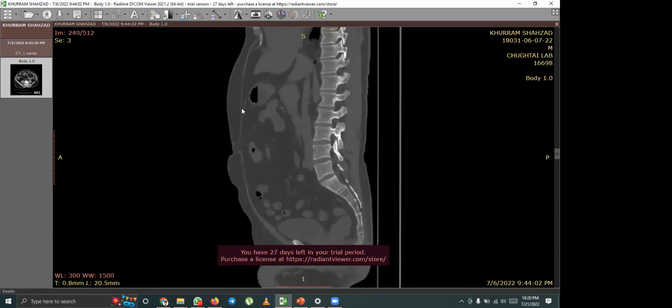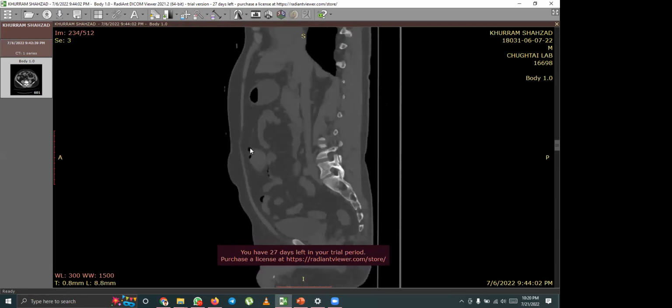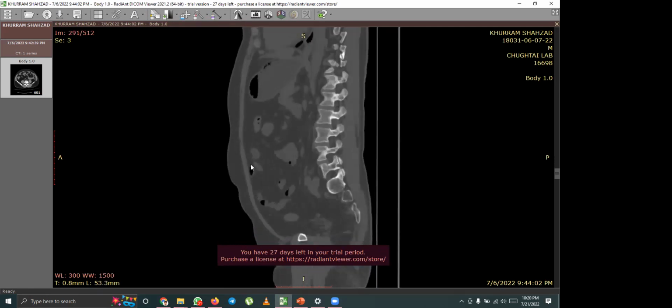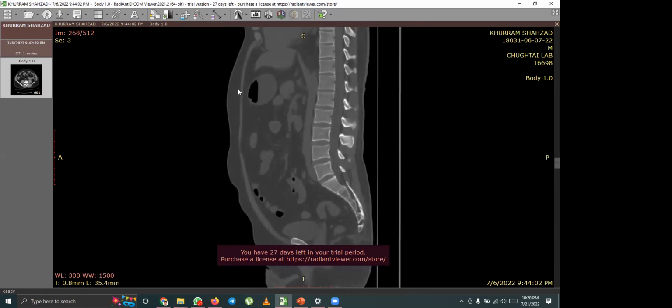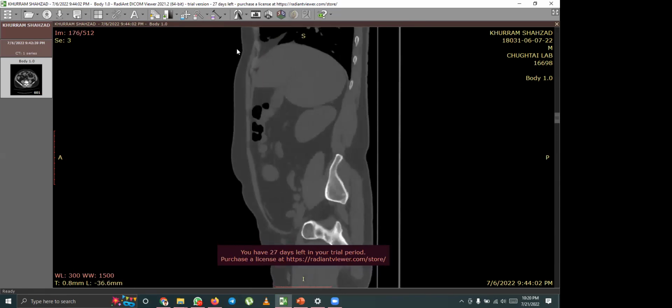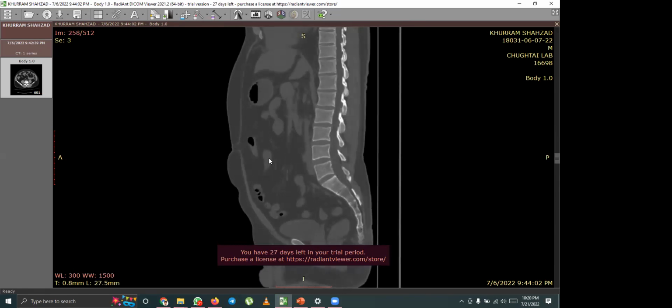So in CT, I really want you to know that CT has limitations, but it's excellent for initial imaging, and in some cases it can be really helpful. And second, it's really important to report a CT on a console rather than on films.